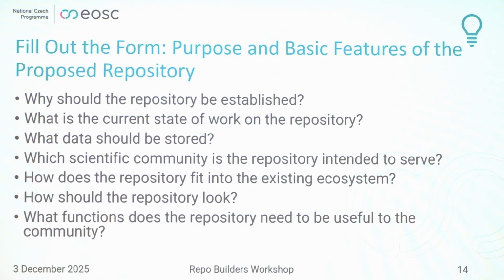And after that, if you are reaffirmed that yes, this is something I really want to do, you can fill out a basic form where you specify the purpose and basic features of the repository as you understand them now. This is not at all binding.